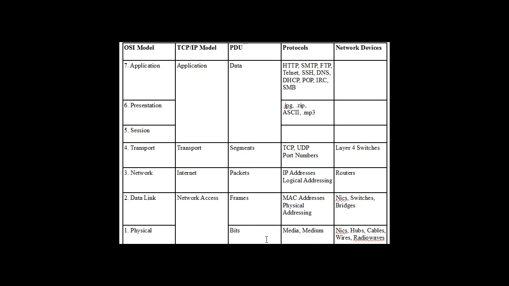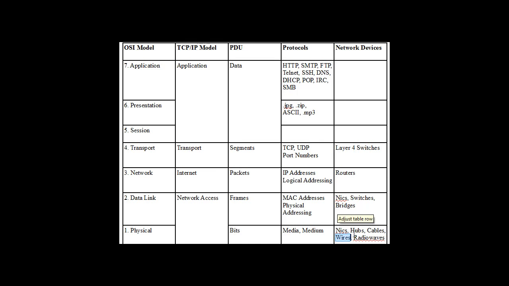Okay, so let's talk about the network devices at each layer, and this is really helpful in answering lots of questions and doing well on network tests. If we're talking about cables or wires, fiber optic cables or radio waves, we're talking about layer 1, the physical layer.